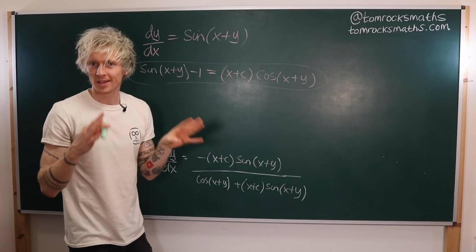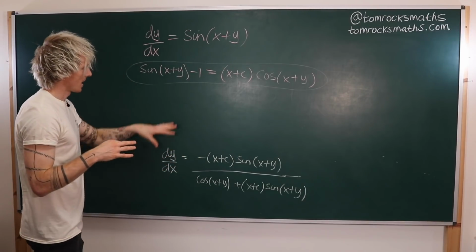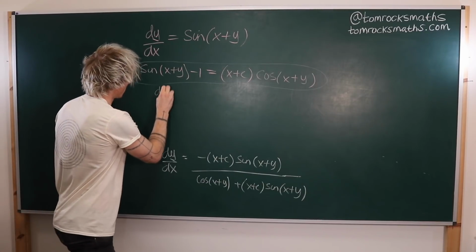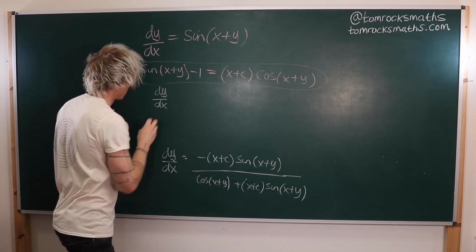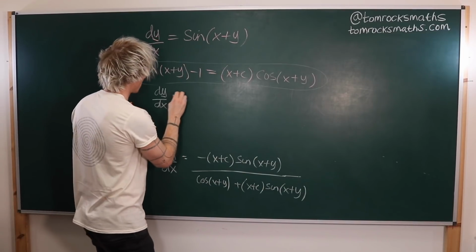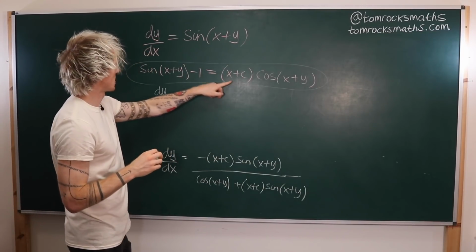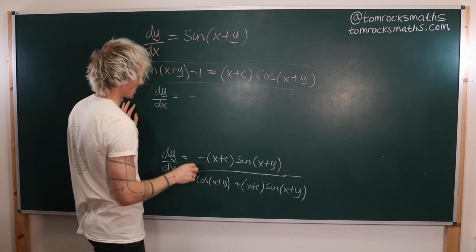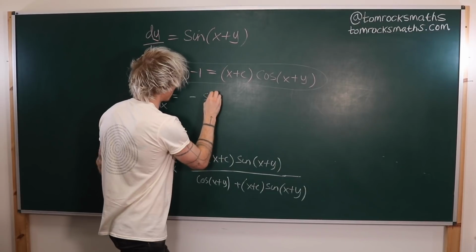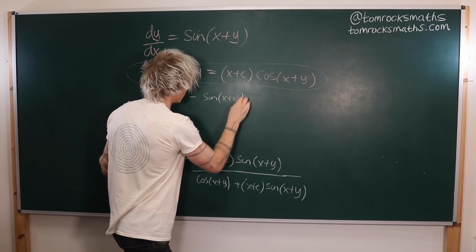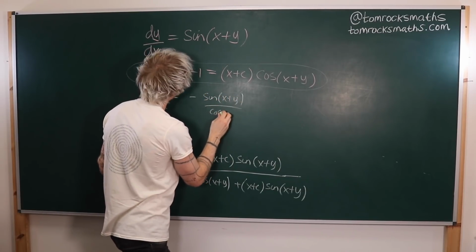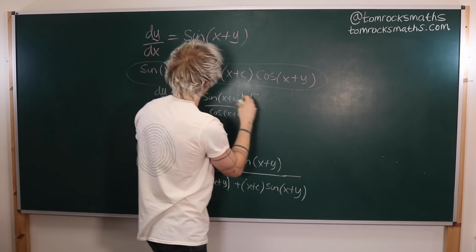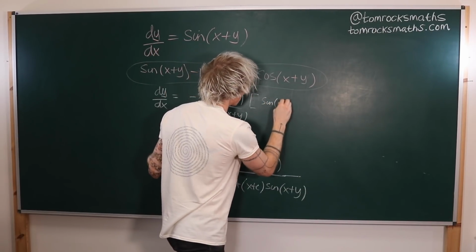and give me this nice, fingers crossed, simple solution. So if I replace the x plus c in here, what I should get is dy by dx is going to be equal to, so x plus c is going to be this sine thing over cos. So this is now minus the sine of x plus y, which I'm then going to be dividing by the cos term, and then on the top I've also got sine of x plus y minus 1.